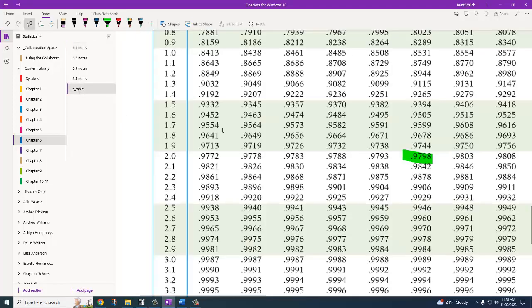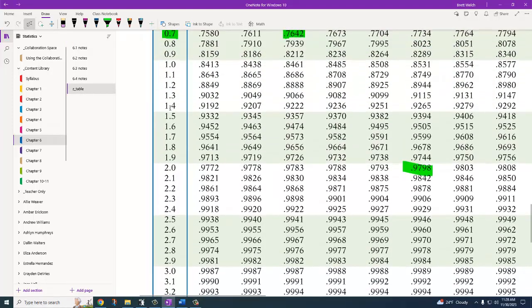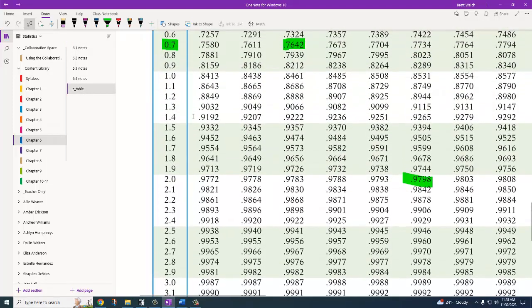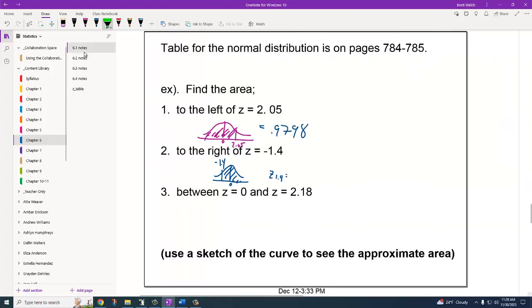So we'll go back to our table and look for 1.4. Now it's 1.40, which means that it's just this very first value, 9192. So that would be 0.9192. Okay, so we can find these probabilities of being on one side of the line or the other.